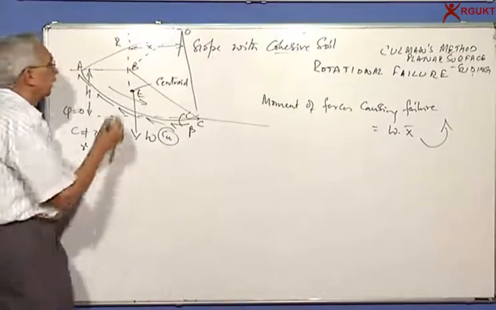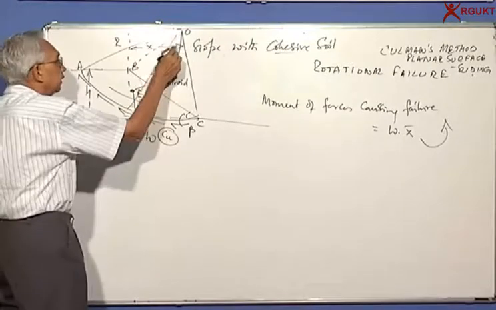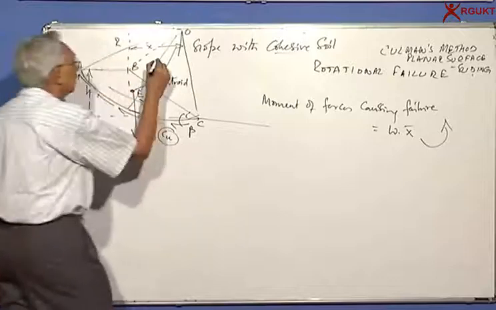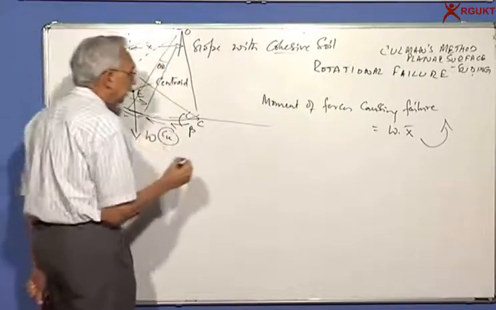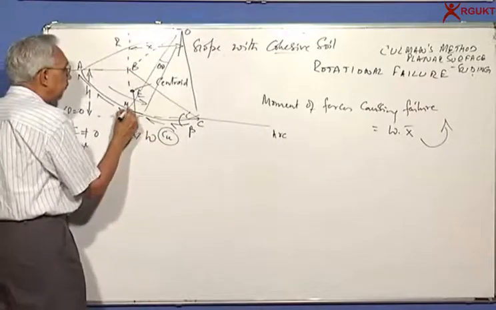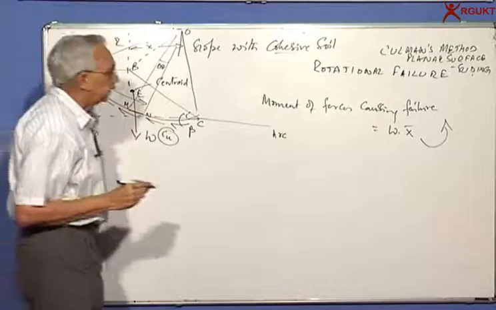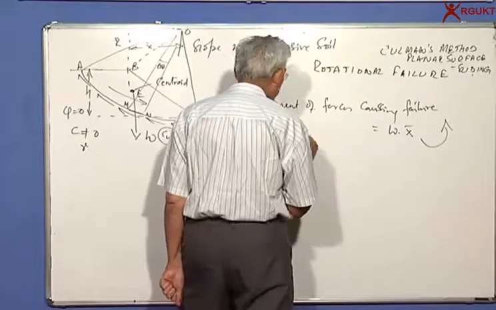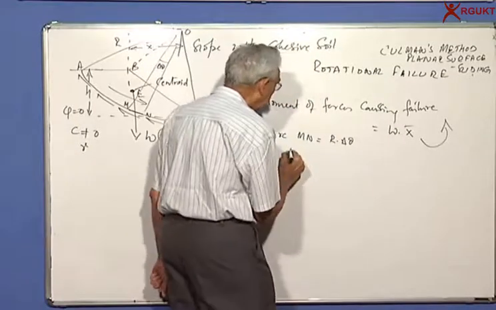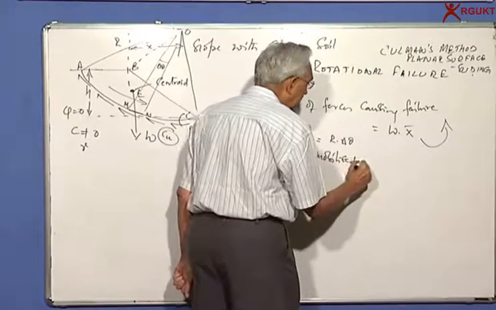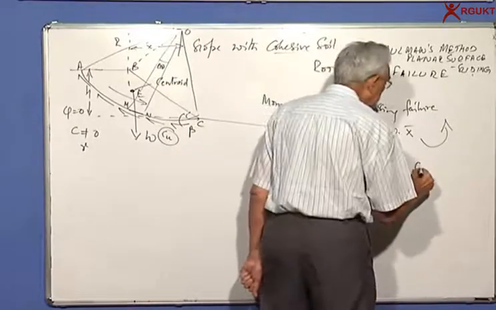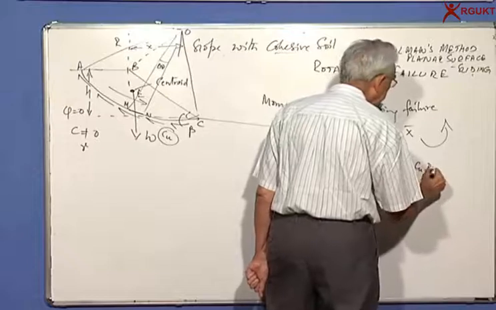If I now look at a small segment here, say I'm looking at a small delta theta, arc MN subtended by delta theta, arc MN is equal to R delta theta. The force mobilized along MN is equal to Cu into the arc length, which is R delta theta.